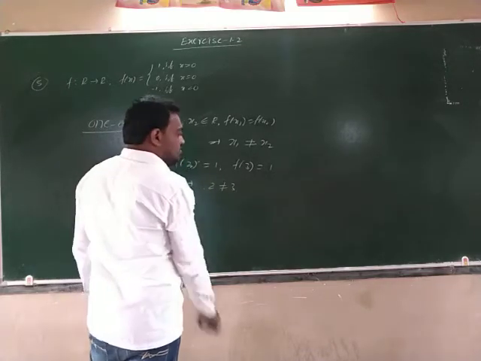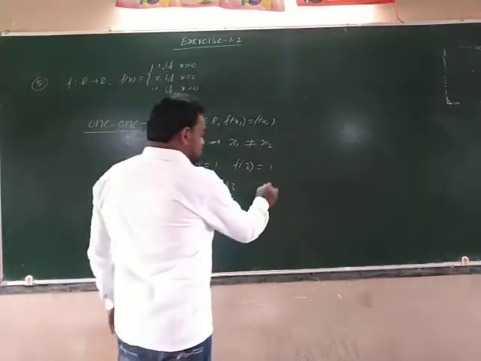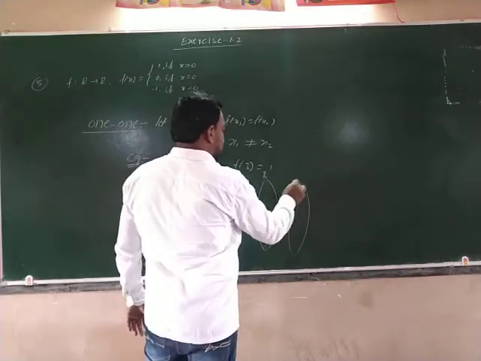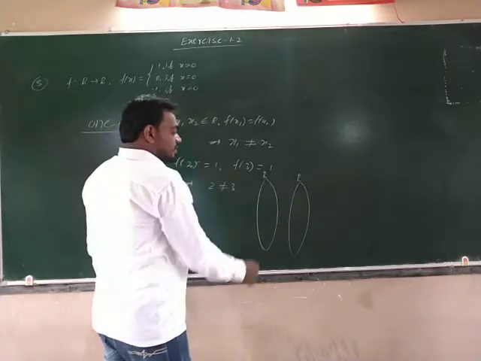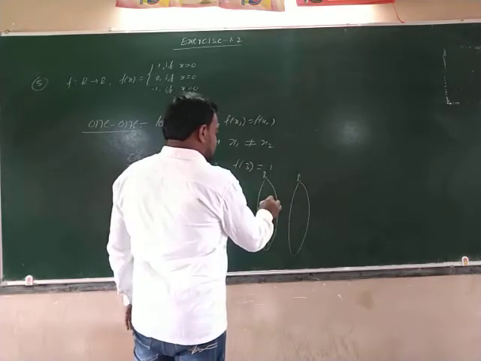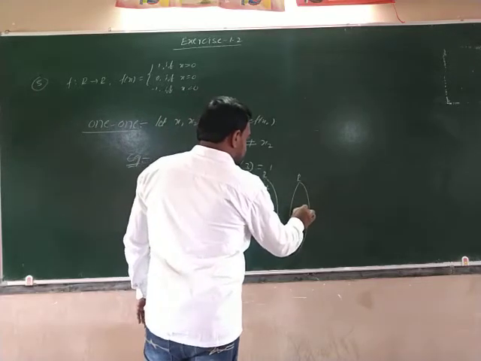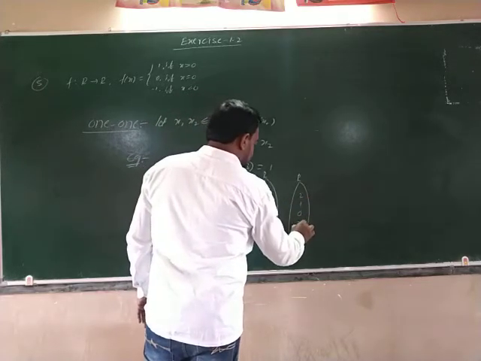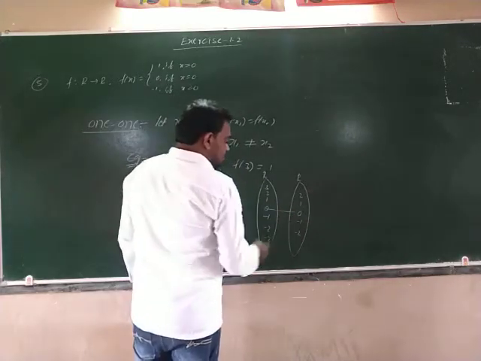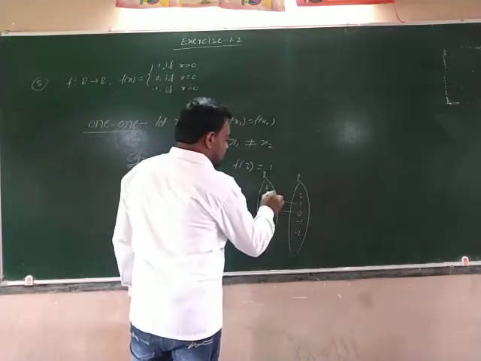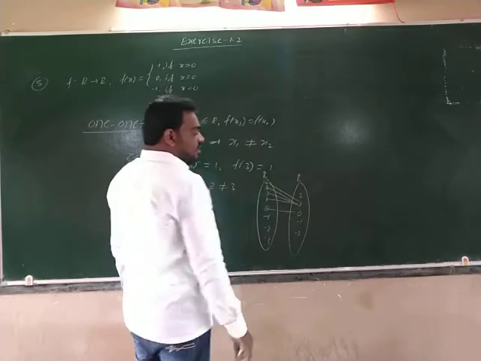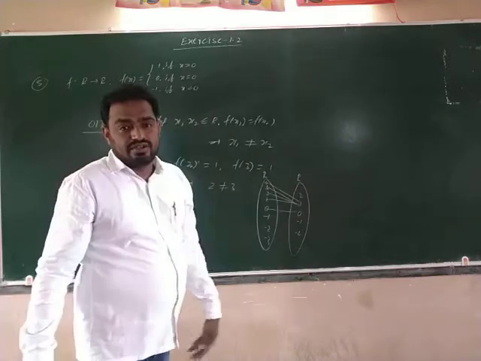Here 2 is not equal to 3. Understood this one? Here it is real numbers to real numbers. Here 0, minus 1, minus 2, minus 3 are there, and 1, 2, 3 are there. 0 is related to 0, 1 related to 1, 2 related to 1, 3 related to 1, 4 related to 1, 5 related to 1; all the values are related to 1 only.